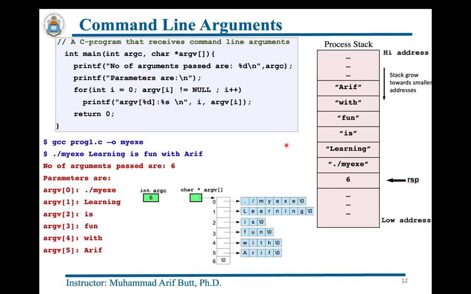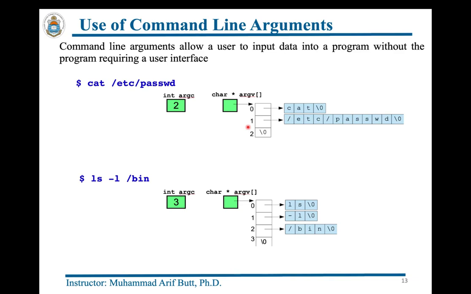Okay, at a very abstract level, this is how the arguments are placed on the function stack frame of the main function, just for your understanding. So if the concept of command line arguments is clear to you, this is where we use the command line arguments. Actually, the command line arguments allow a user to input data into a program without the program requiring a user interface.